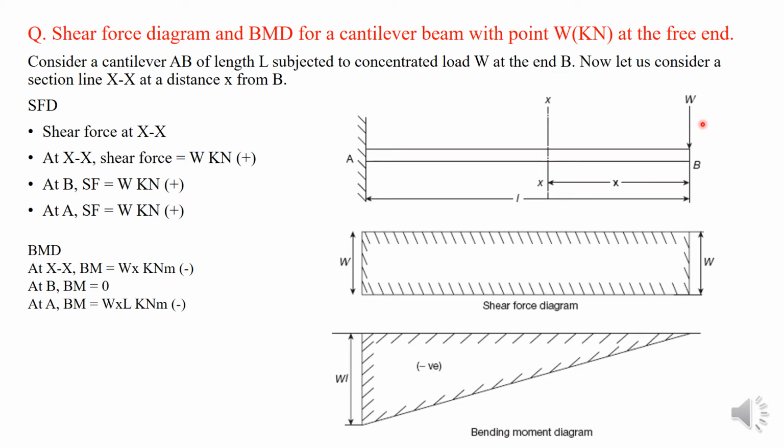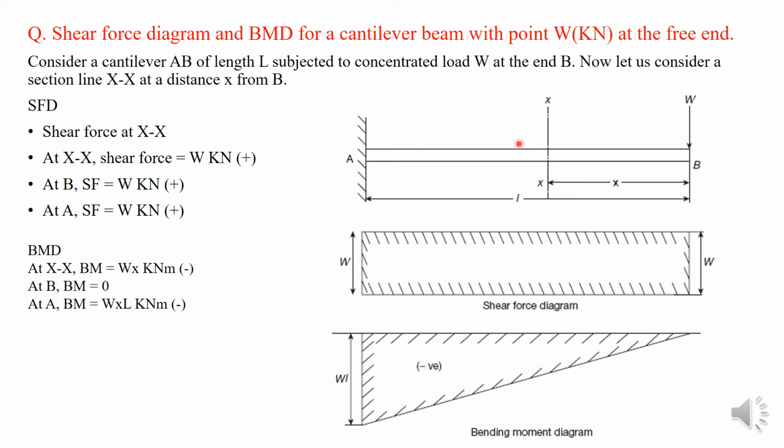Here you can see a load W which is acting downwards at a distance H from the section line. So take the moment about this section line, which is W into H, acting in the clockwise direction. A clockwise moment on the right hand side of the section line indicates a negative bending moment. So the bending moment about this section line, that is M XX, is equal to W into H, which is negative.